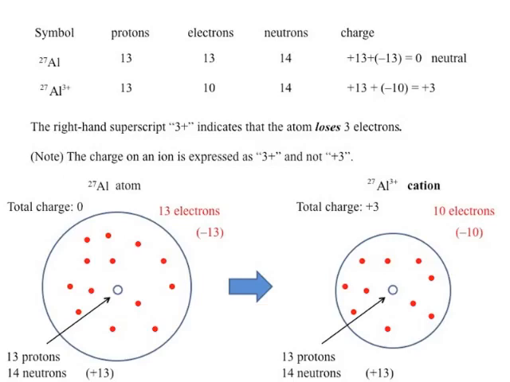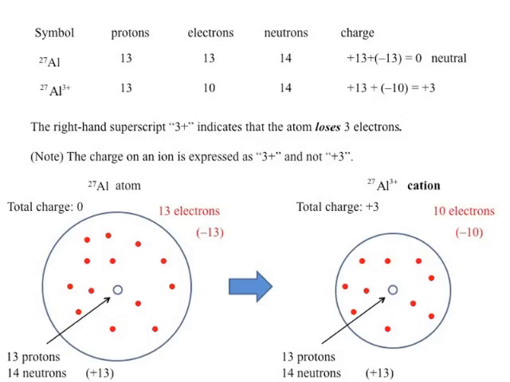Therefore, 14 neutrons. Because the aluminum-27 atom has 13 protons, and each proton carries a +1 charge, in total you have positive 13 in the aluminum atom.